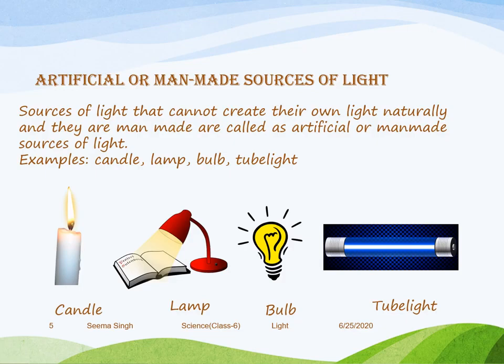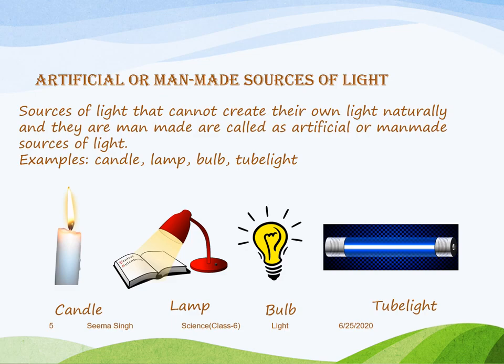Artificial or man-made source of light. What are artificial or man-made sources of light? The sources of light that cannot create their own light naturally. The source of light that doesn't have natural light in it and is artificial or man-made is termed an artificial source of light.